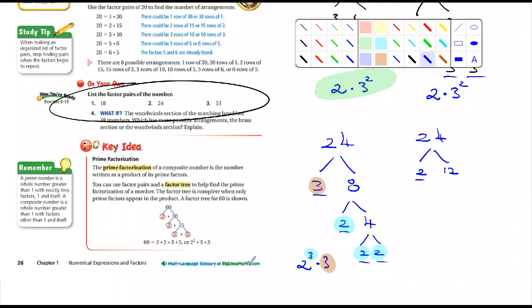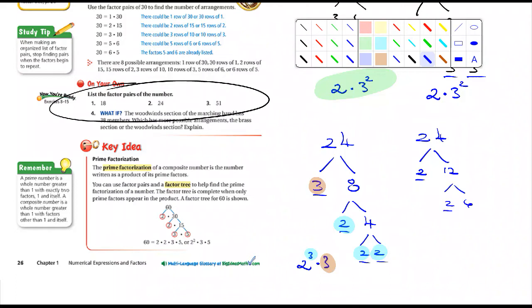Mr. Conyers, the 12, how could I break that down? Ms. Gossage, how could I break that 12 down? What two numbers equal 12? 2 and 6.